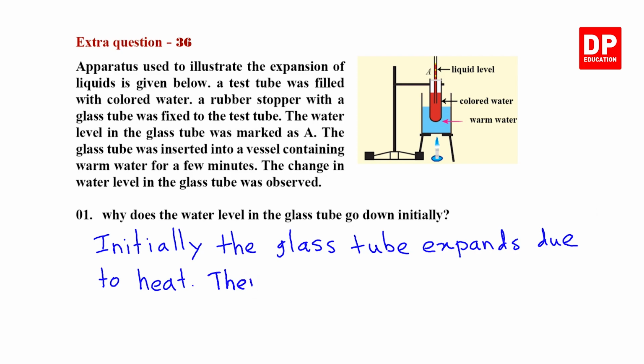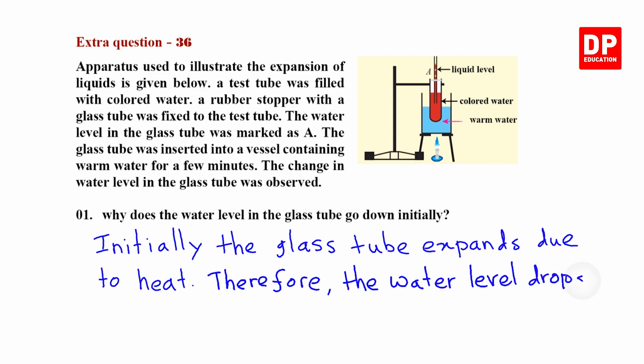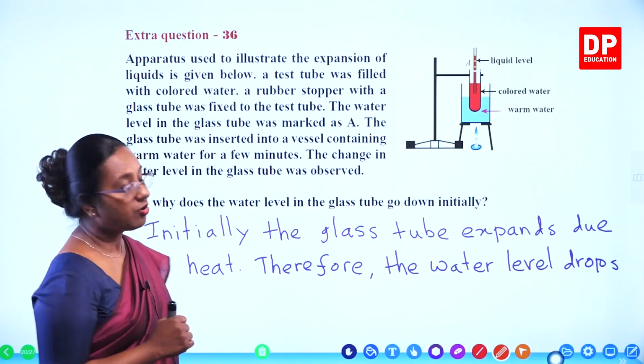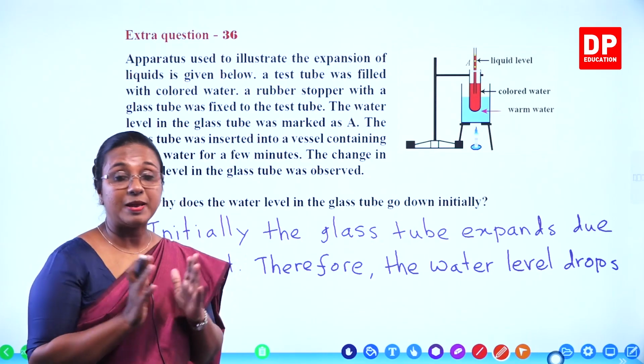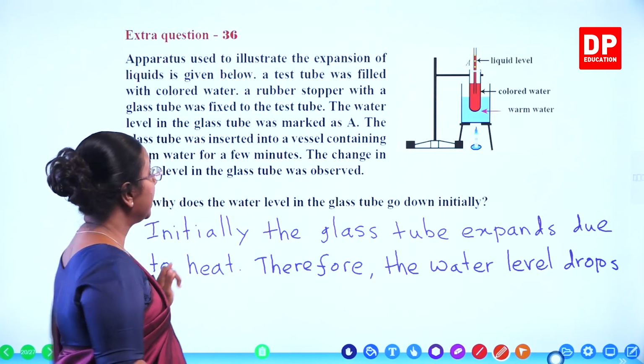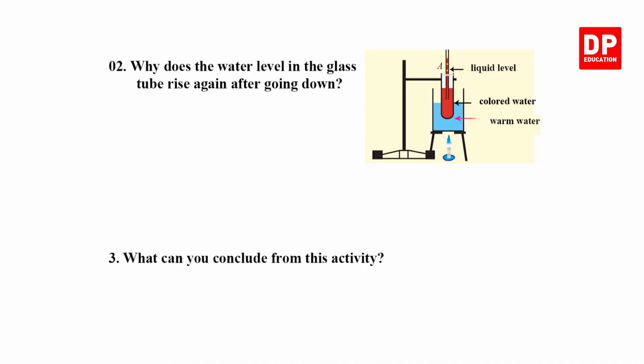Therefore, the water level drops. So we can say water level drops. That is the reason, because of the expansion of glass. Then I will move on to the next question.